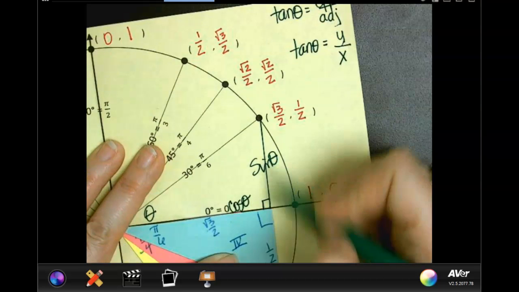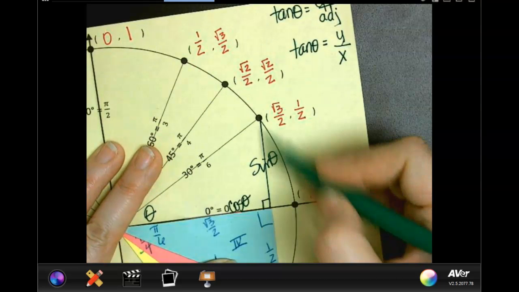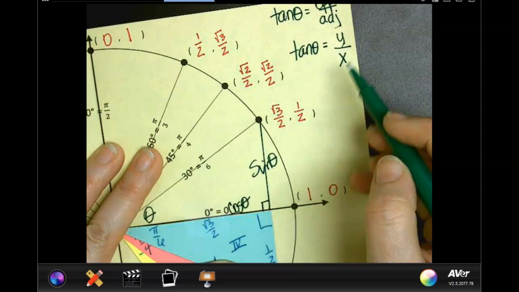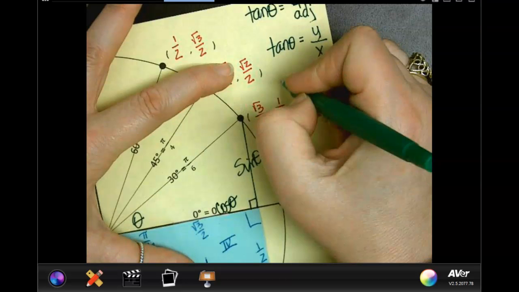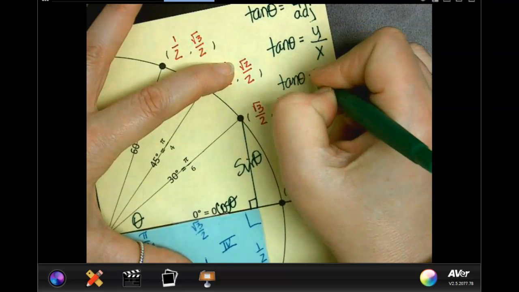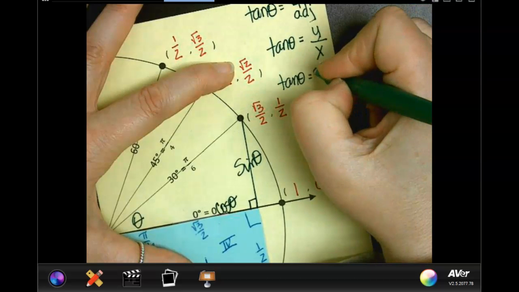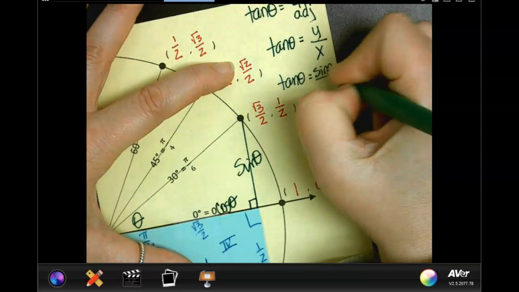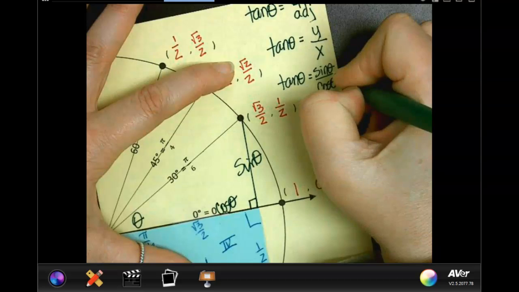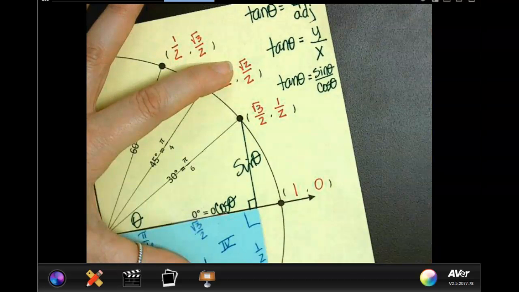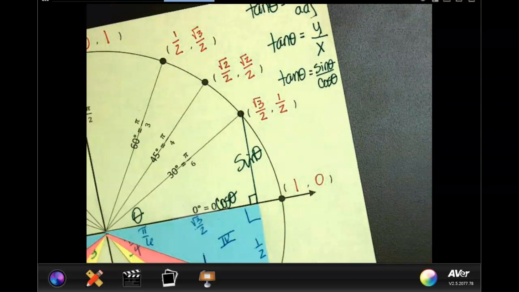So this is sine theta, this is cosine theta. This is y, this is x. That means that tangent theta is sine theta over cosine theta. Okay. Everybody with me so far?